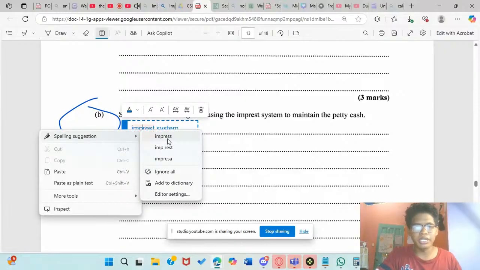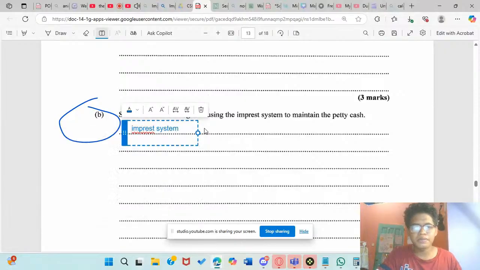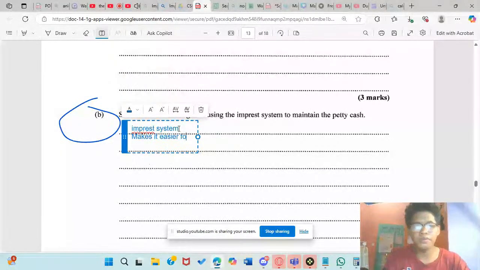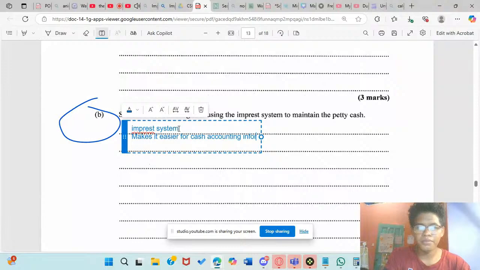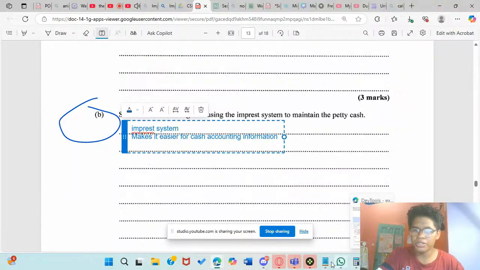So let's put this right up. So the Imprest system makes it easier. Just put this thing up so you guys can see what's going on here.